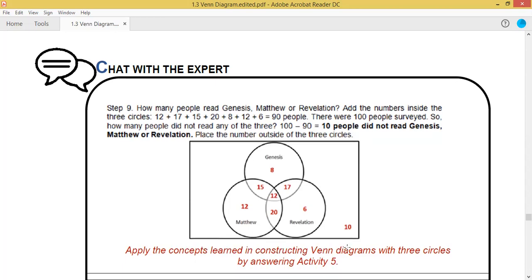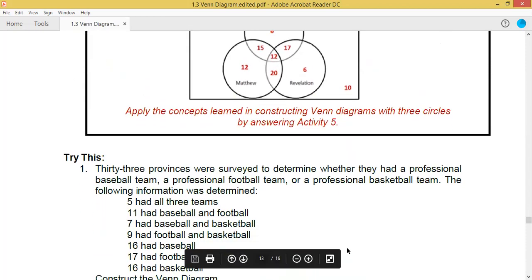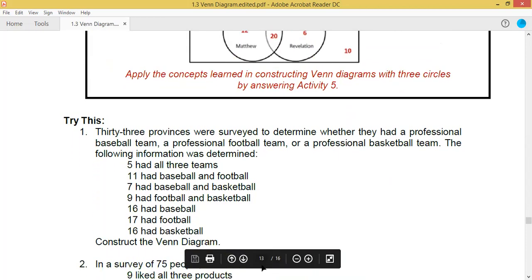This time, let's try the next problem. The next problem states that there were 33 provinces surveyed, and 5 had all 3 teams.